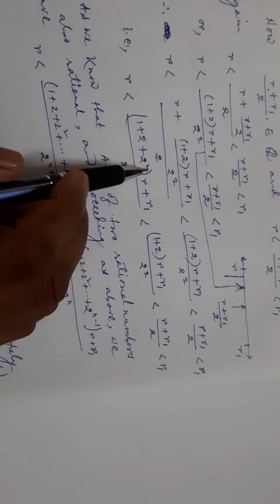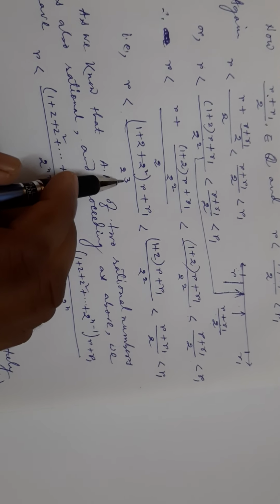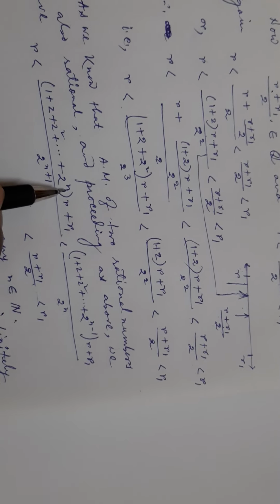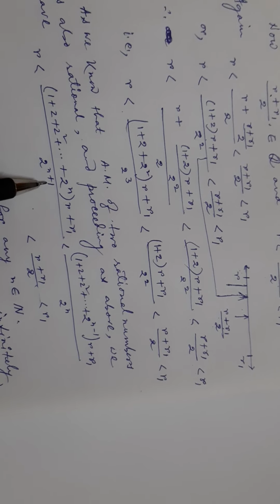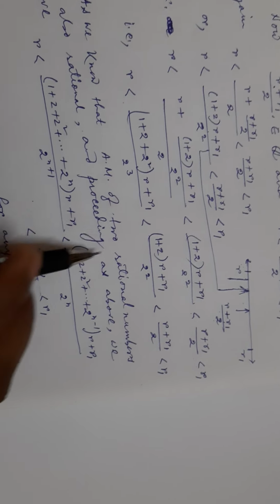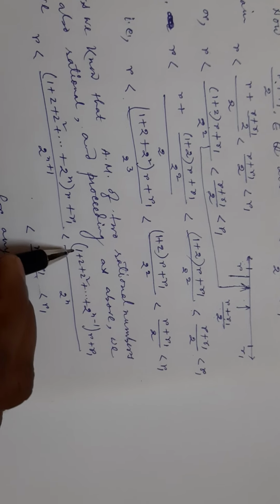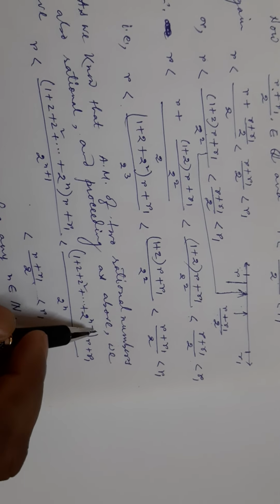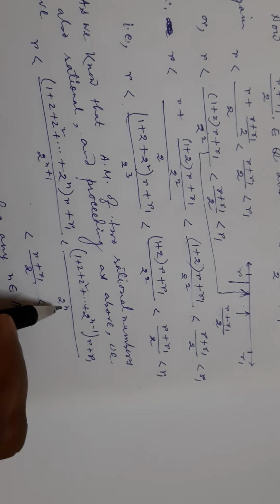Otherwise it ends with power 2, so it will be increased by 1. So here it ends with n, so its power is increased by 1, so it's n + 1. Similarly 1 + 2 + 2² up to 2ⁿ⁻¹ is increased by 1, so you'll get n, etc.